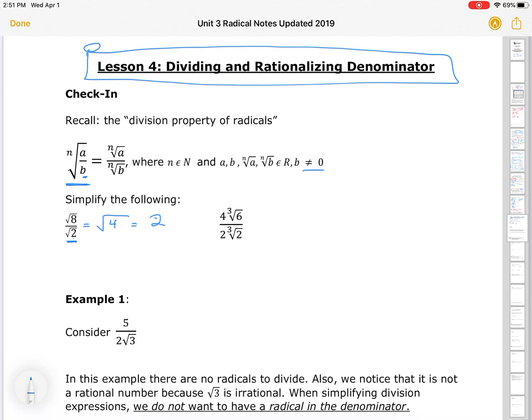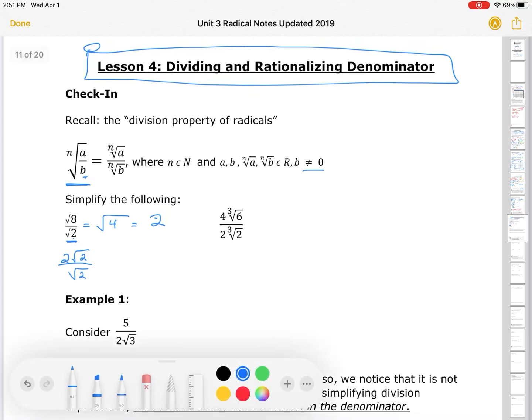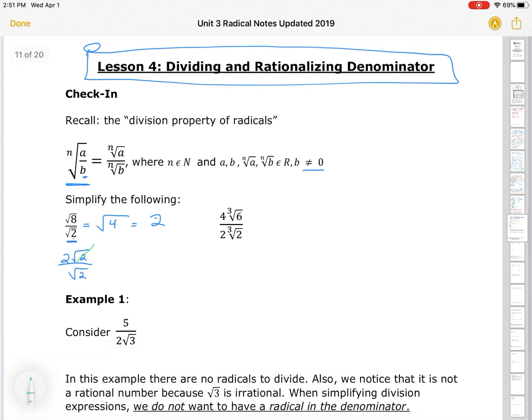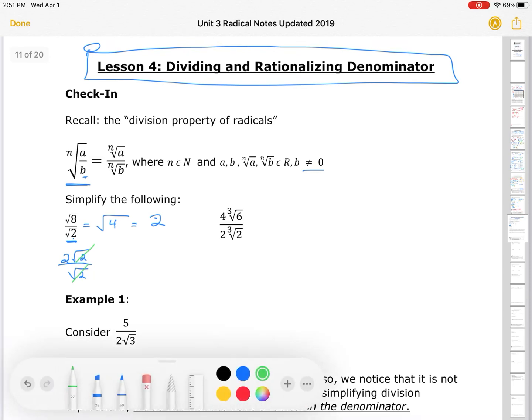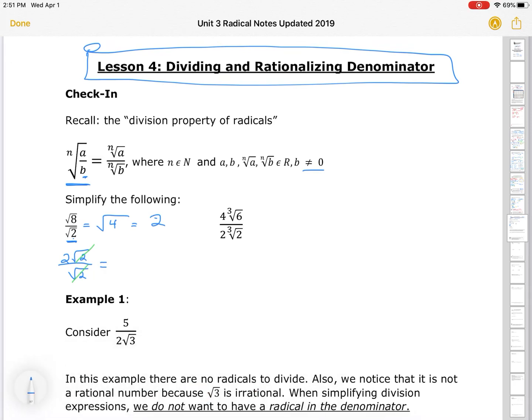Now, I can show you how that works another way. If I look at 8, if I want to change it to a mixed radical, it would be equivalent to 2 root 2 over root 2. Well, then looking at that, on the top and the bottom, I have root 2 over root 2. So those would divide out, and I would get my answer as 2.